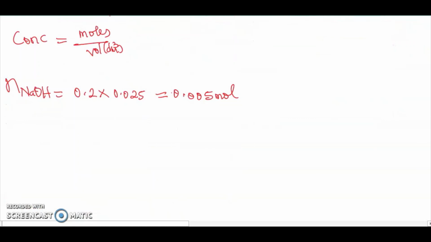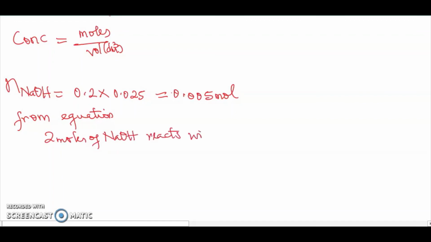From the equation, we can clearly see that 2 moles of sodium hydroxide reacts with 1 mole of sulfuric acid.